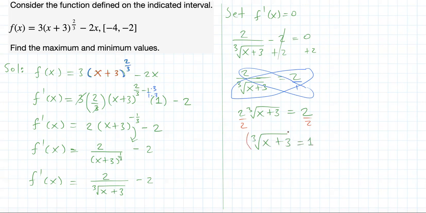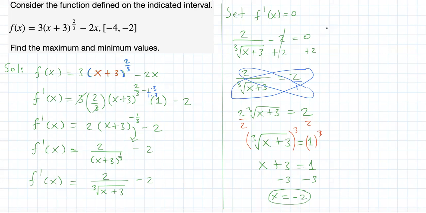Cubing both sides to eliminate the cube root, we get x plus 3 equal to 1. Subtracting 3 on both sides, x equals -2. Critical point, x equals -2.